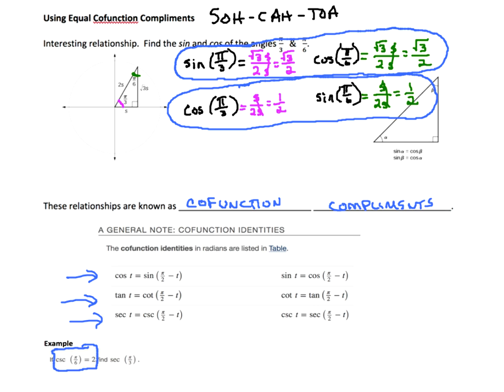But we can find it or show that to be true by saying, okay, well, if the cosecant of pi over 6 is equal to 2, I'm told by this relationship that that should be equal to the secant of pi over 2 minus my t values, that's pi over 6.